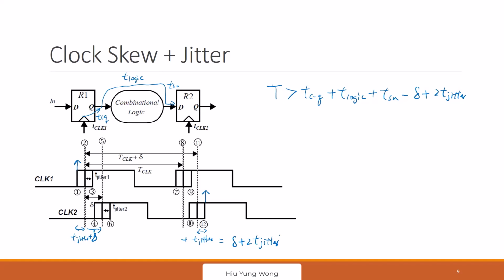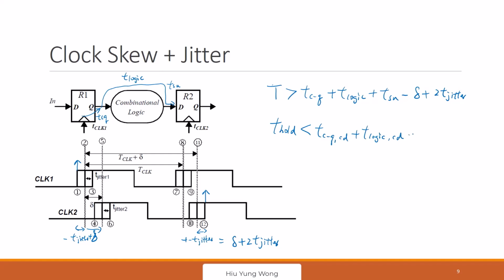But of course, this one you may get confused because of the way I draw it. This is more like negative T jitter, right? Because it's going in the opposite direction. Okay, then how about the hold time? We just repeat what we did earlier. It has to be smaller than T clock-to-Q contamination delay plus T logic contamination delay.